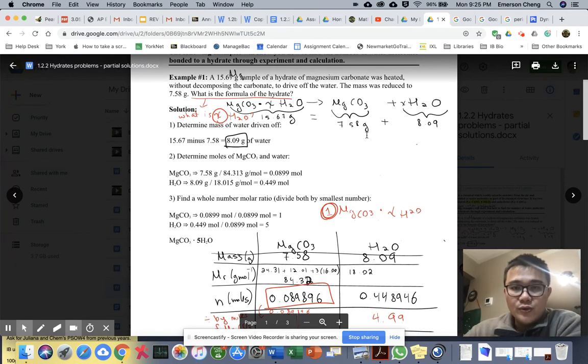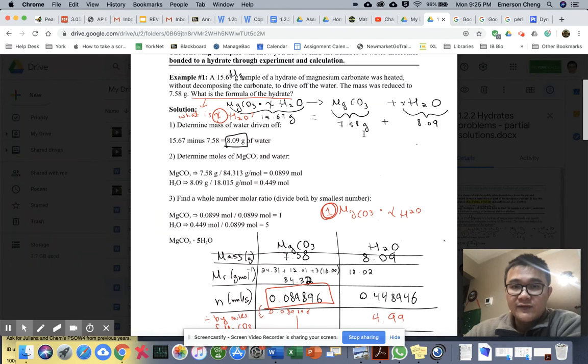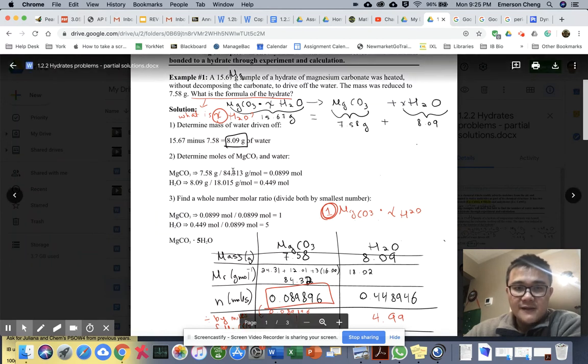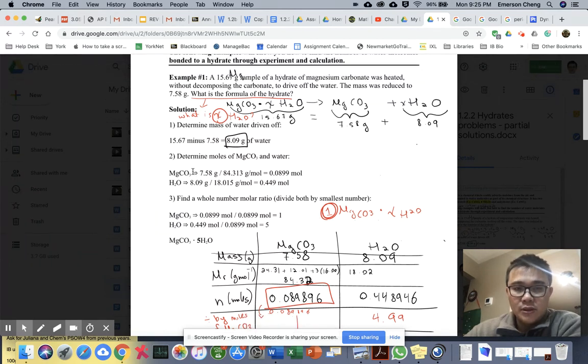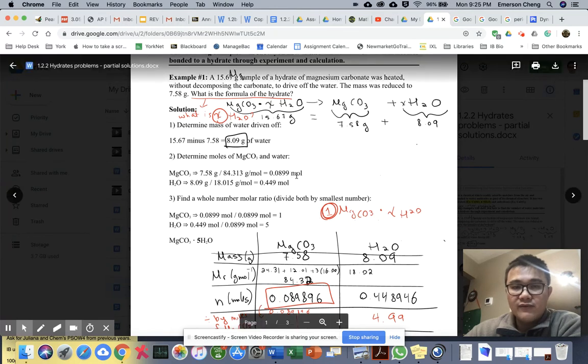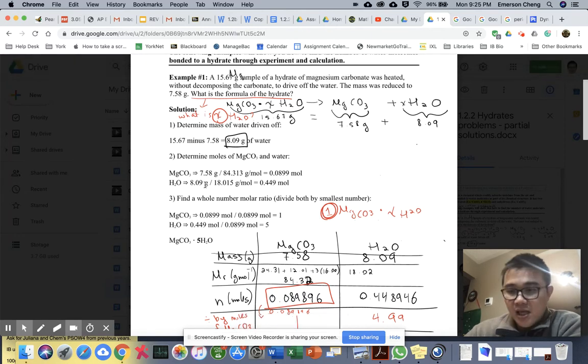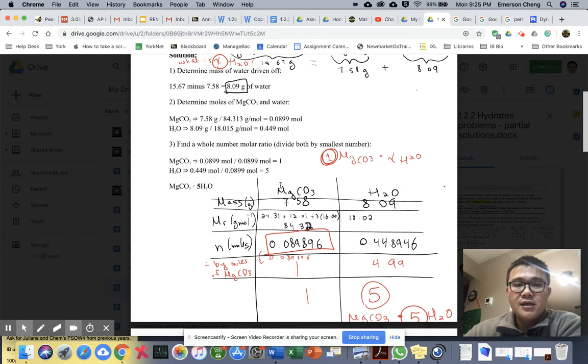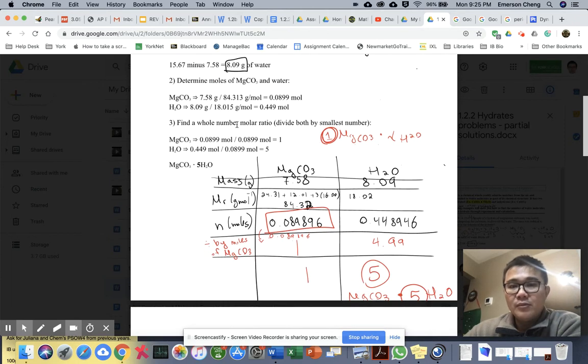So you use the mass of the anhydrate divided by its molar mass. This gives you the number of moles. For water, it's just what you found in the first step, divided by 18 or 18.01. This gives you its number of moles. Then you find the whole number mole ratio: divide both by the smallest number.